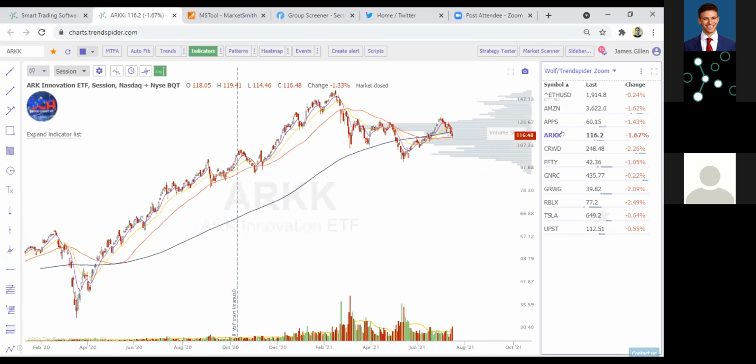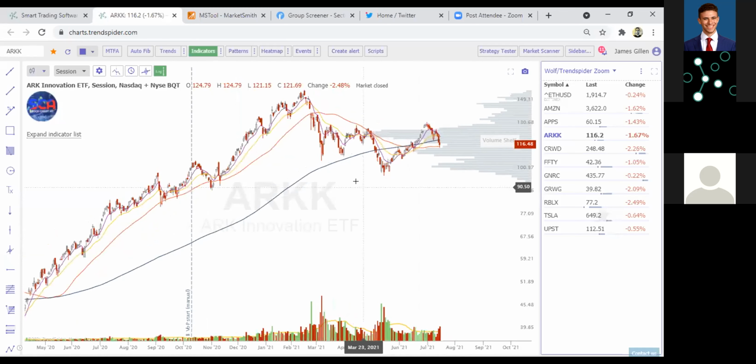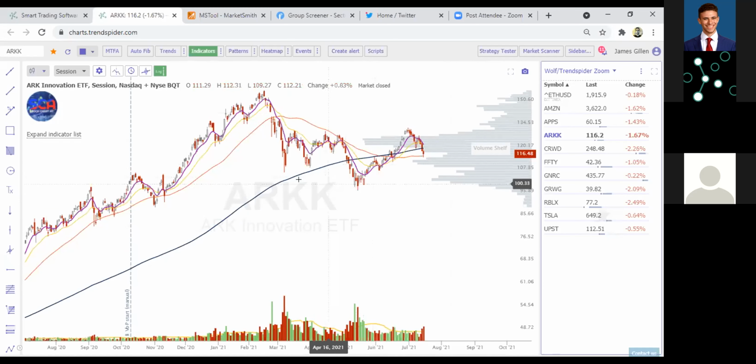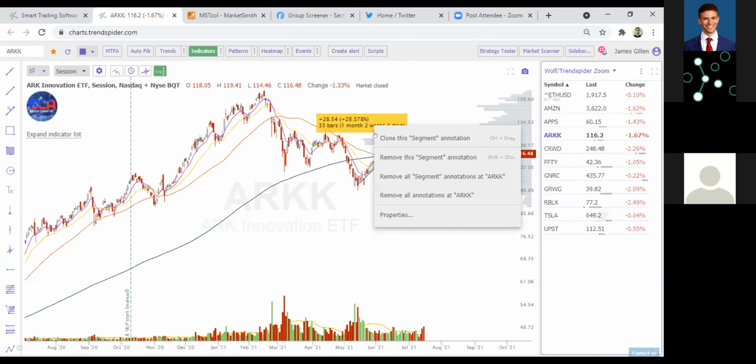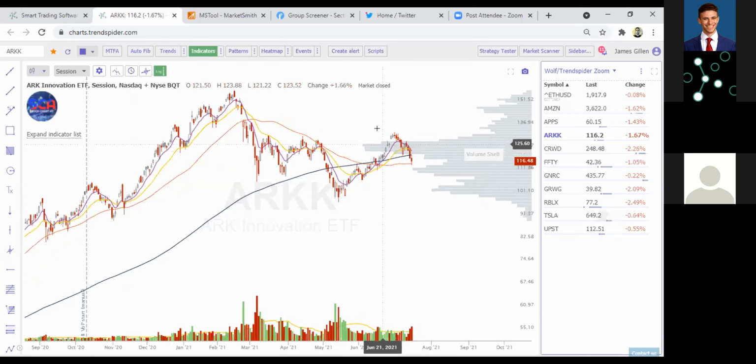And then I just wanted to pull up ARK for a second too. We had a nice little move off of the low at around $98. We've rallied up from the lows, I believe, around 30%. But then we broke right back down through the 8 EMA and the 21 EMA.